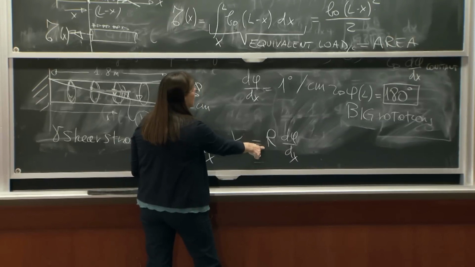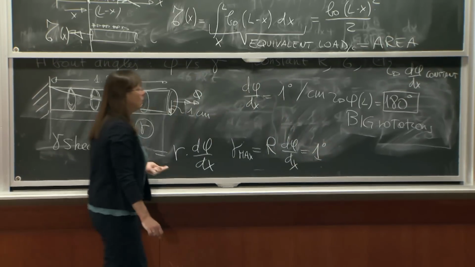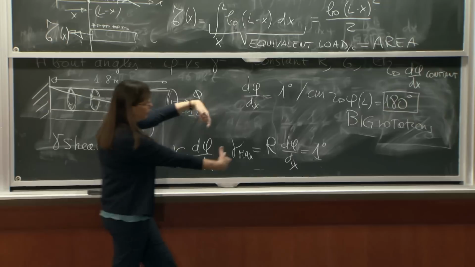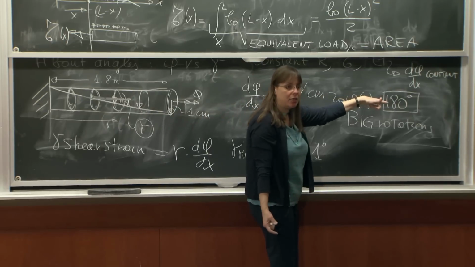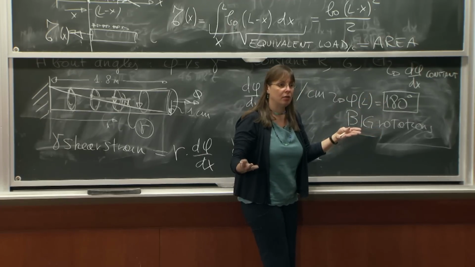If r is 1 centimeter, I get only 1 degree. So my gamma, my shear strain can be small, tiny, while my rotation angles build up and can be 180 degrees. They are two very different angles, you see?